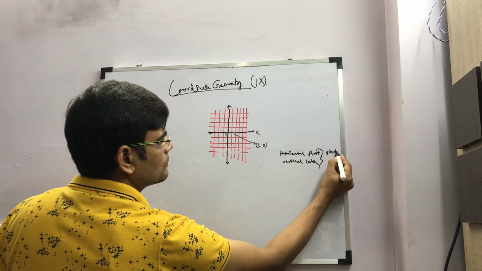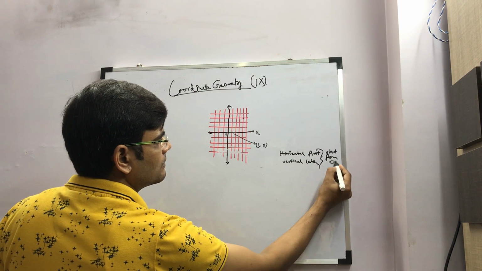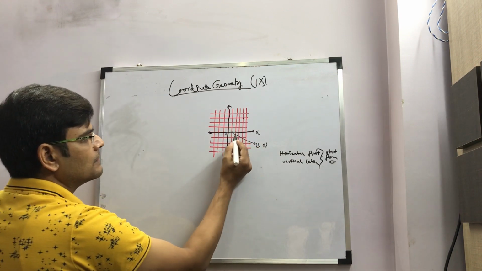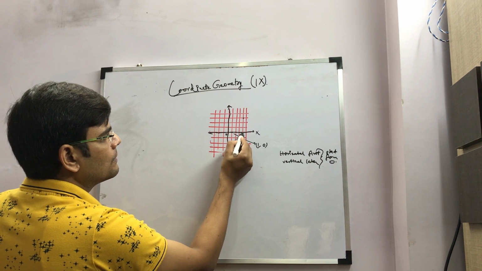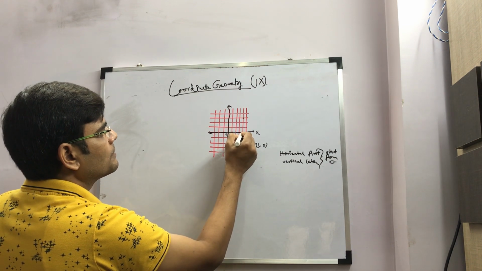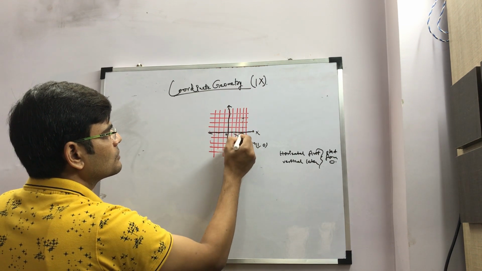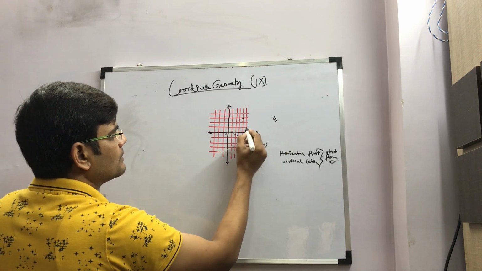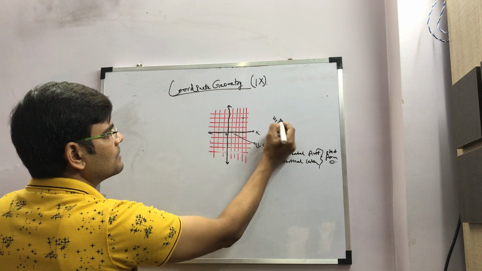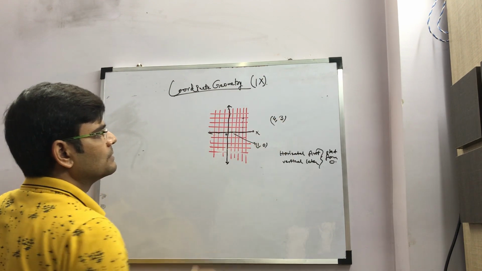Start from O, where x and y meet each other. So 1, 2, 3, 4, and now you can move perpendicular top. 1, 2, 3. So how much did you move right? You moved 4. And how much did you move top? 1, 2, 3. So the coordinates is 4, 3.